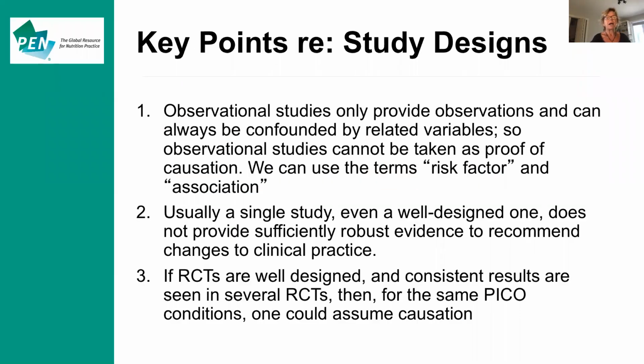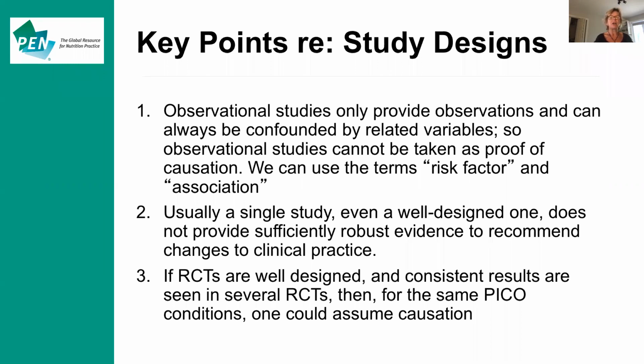So just some things to keep in mind when we're talking about study design: observational studies, as I indicated, are common in dietary or nutrition research, but they can't be taken as proof of causation because of the number of confounding or related variables that can impact it.